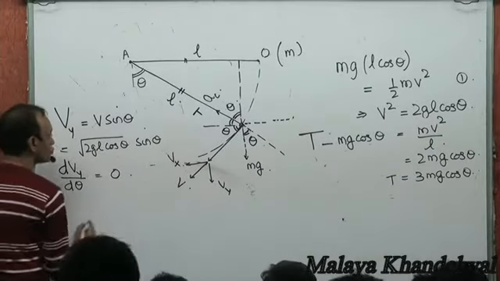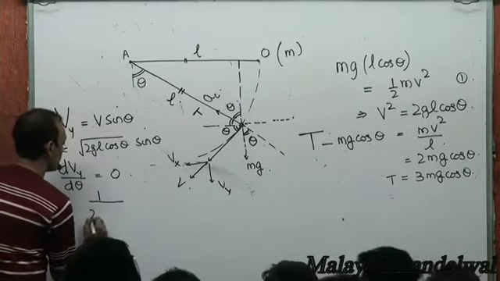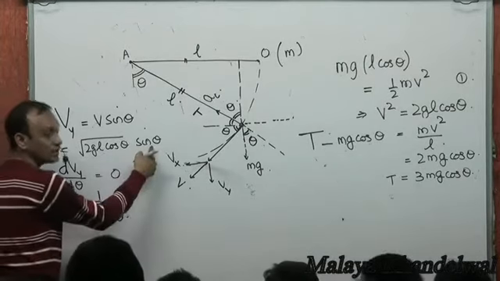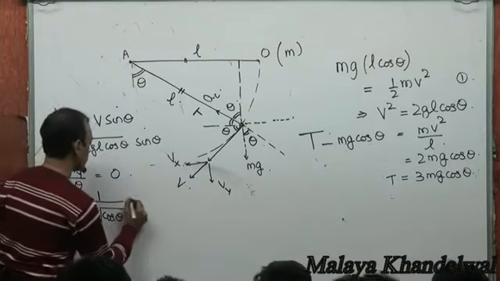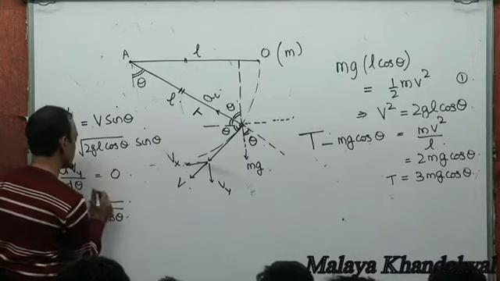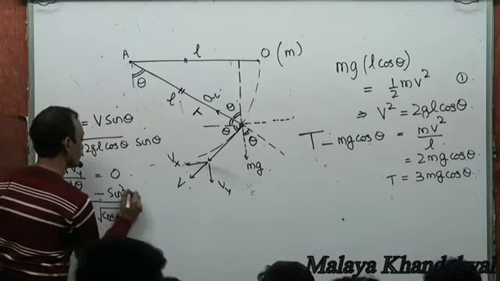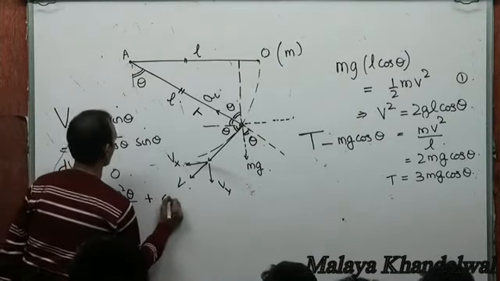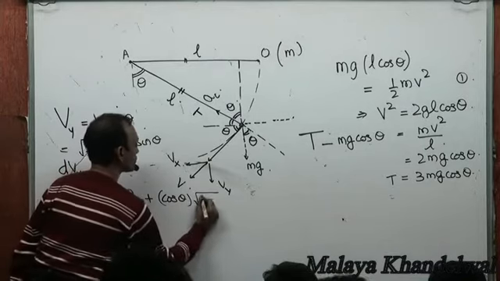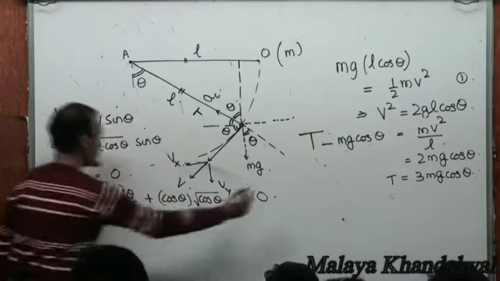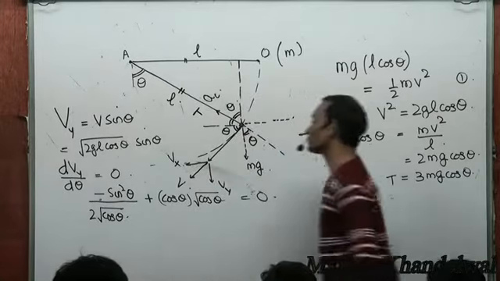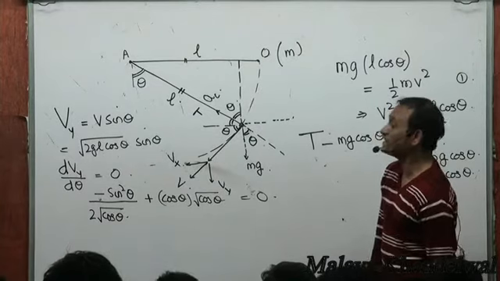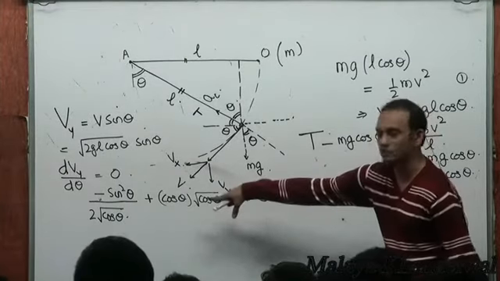Which means root cos theta means 1 by 2 root cos theta, right? 1 by 2 root cos theta into minus sine theta, so minus sine square theta plus cos theta into root cos theta must be 0. Right? This gives me 2 cos square theta is sine square theta, isn't it?